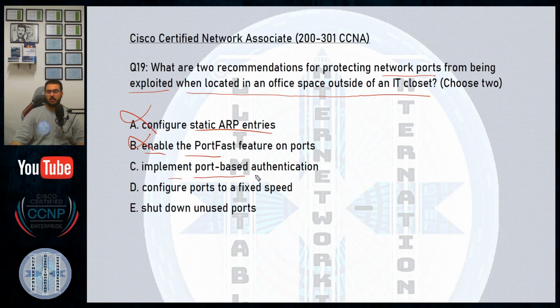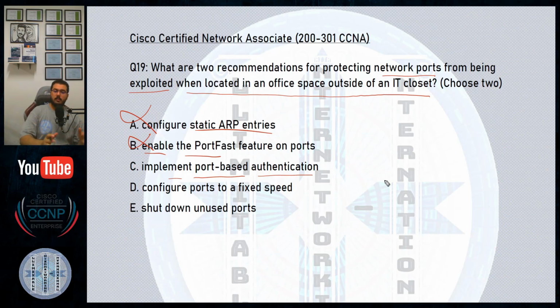Implement port-based authentication. This means that your device will be authenticated based on the port. So you will give credentials, the port will send the credentials to the AAA server. All of those details have been explained in detail in chapter 5, the security TrustSec video in the Enterprise Core exam. Okay, so not to CCNA level, but I have already found those in the agenda of the Enterprise Core and thus I made videos for them.